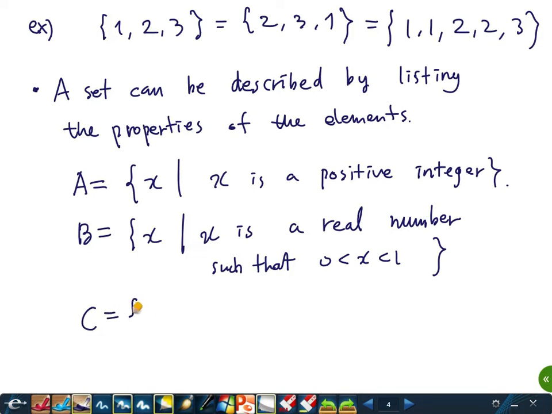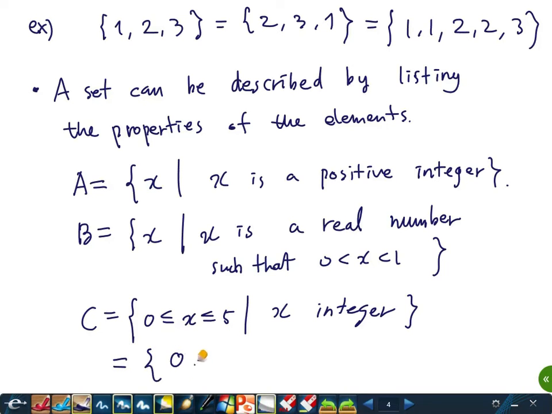Or one can also, for simplicity, write: x is an integer in this range. Actually, there are only finitely many of these, so you can also express this set by listing its elements. They are the same. They represent the same set. Okay?